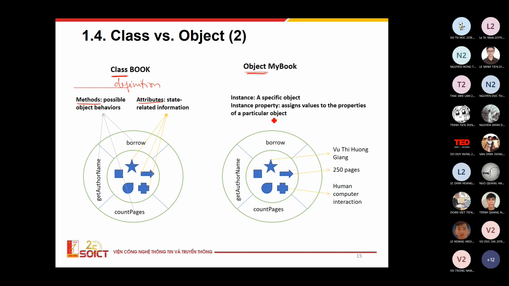And for the object, we will have the instance property. Yeah, that means we have the true value or the real value for each attribute.